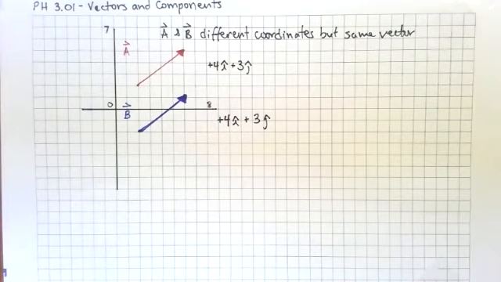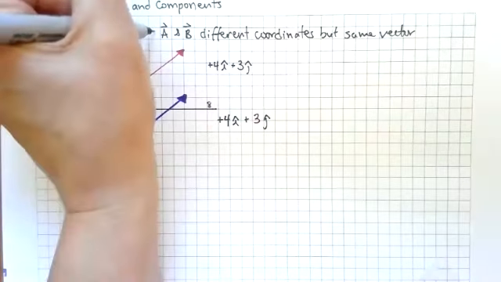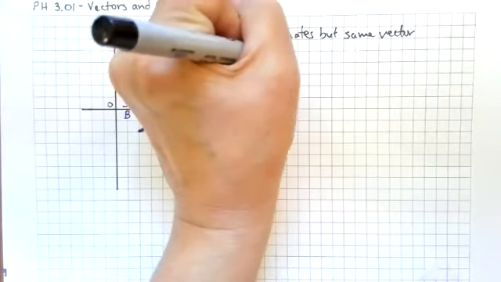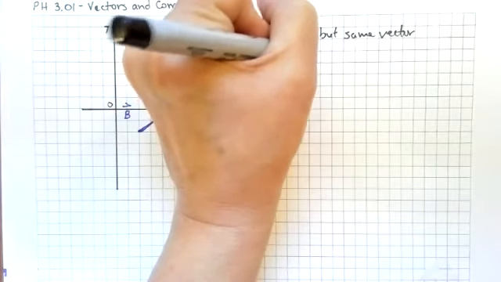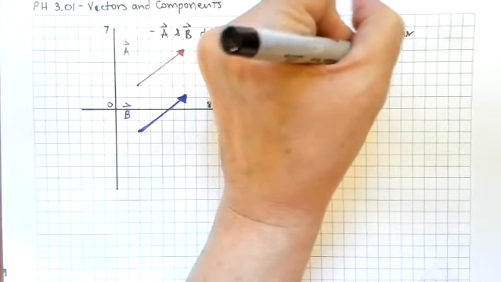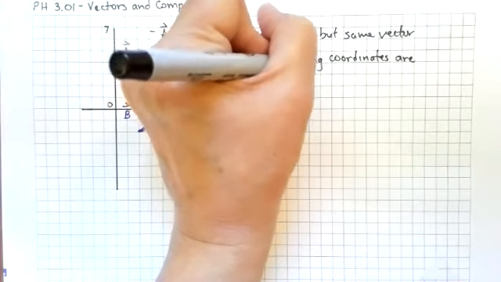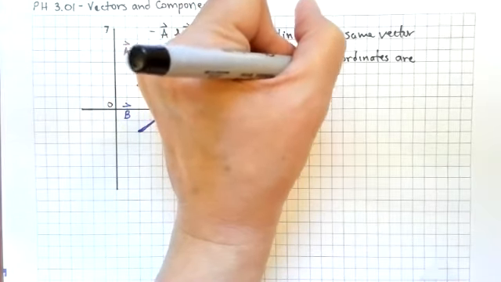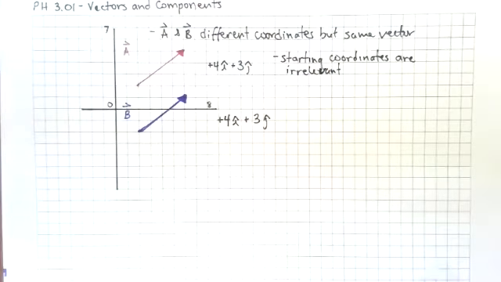These are the exact same vector. Coordinates don't matter. Starting coordinates are irrelevant.